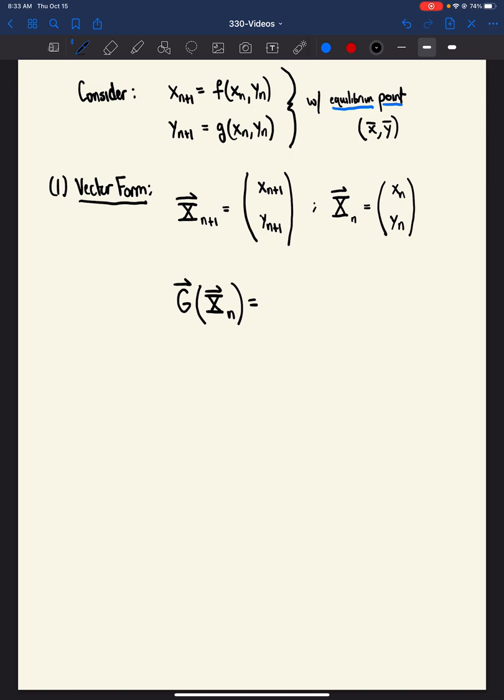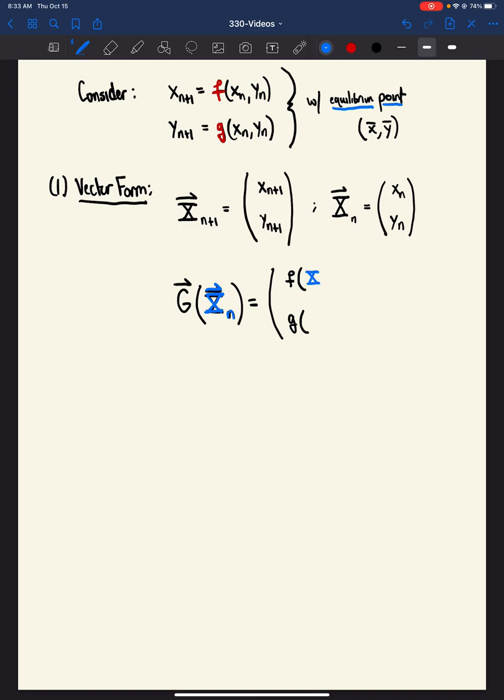We're basically going to put our functions f and g up above into a vector as well. And if you want, this notation actually extends inside those individual component functions.